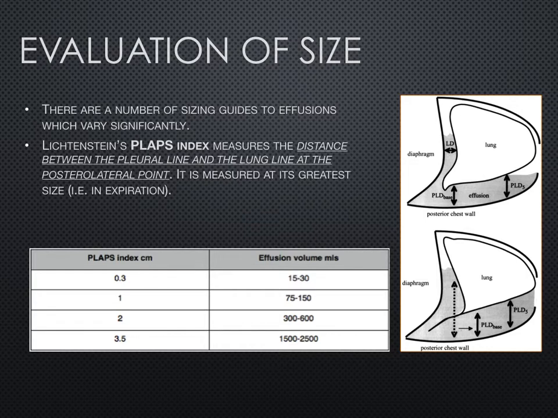And what we're looking to do is see the greatest size volume that we can potentially measure in any of those spaces, and it can start to give us an idea of the size of the effusion, just using our very basic caliper measures.